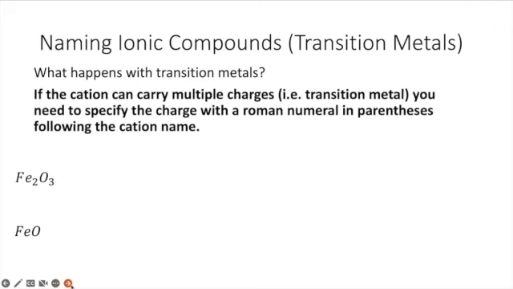So with ionic bonds, what happens when we have transition metals? I kind of alluded to this earlier, but if the cation can carry multiple charges, i.e. a transition metal, then in the name, we need to specify with a Roman numeral what charge it was.